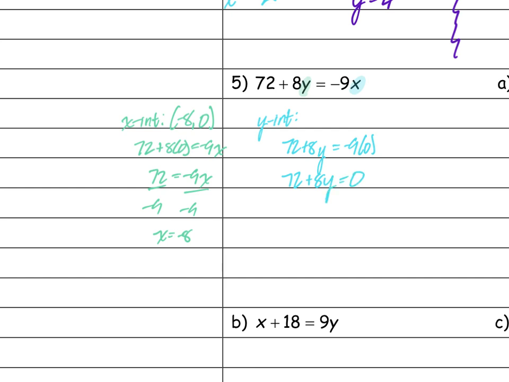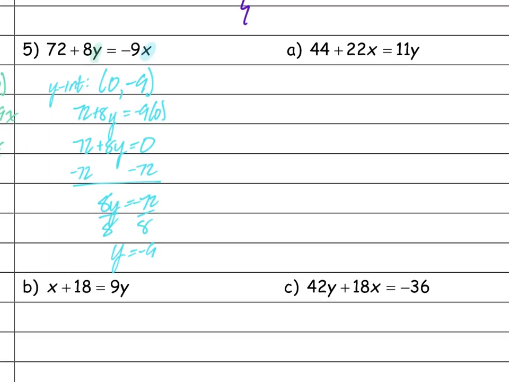So I can't solve it yet because my constant and my variable are on the same side of the equal sign. So I have to move one of them. So I'm just going to move the 72, so my variable stays positive. That's the only reason. So I've got 8y equals negative 72, divided by 8. And y equals negative 9. So my y-intercept is 0, negative 9. Okay? All right, so now I want you guys to try it, okay?